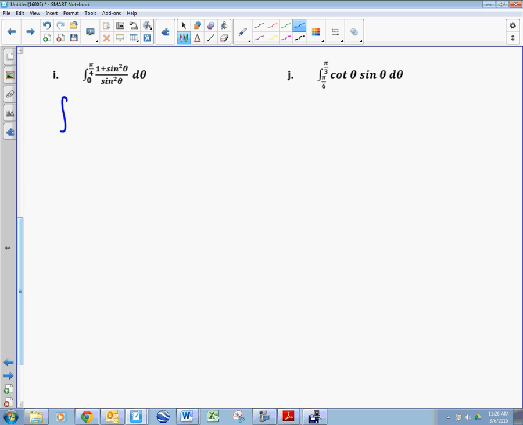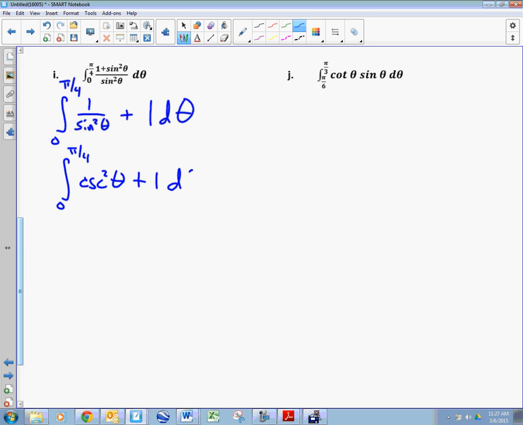So I'm going to write this as 0 to pi over 4 of 1 over sine squared of theta plus 1. I just divided each one by sine squared. Right? What is 1 over sine squared? Cosecant squared. So we have the integral from 0 to pi over 4 of cosecant squared of theta plus 1 d theta.